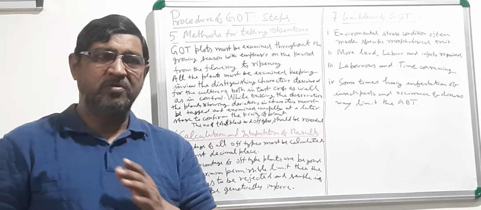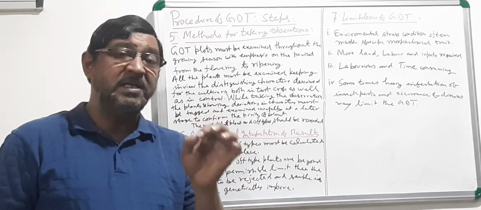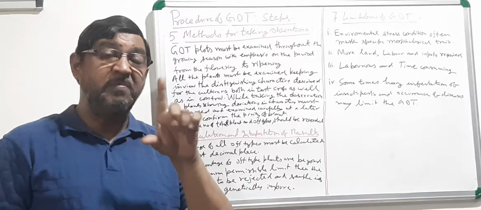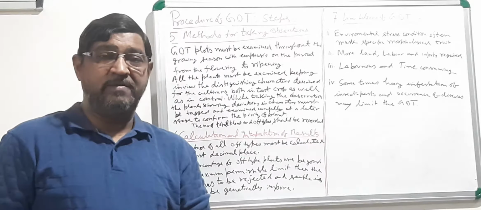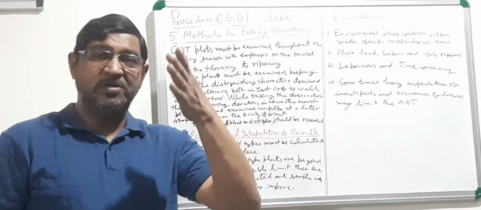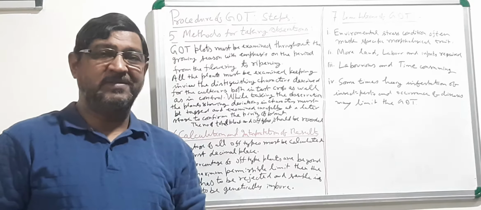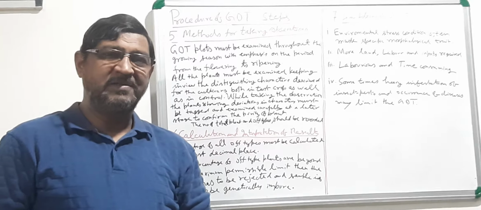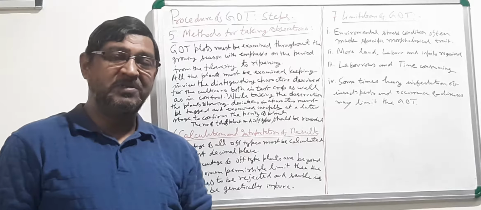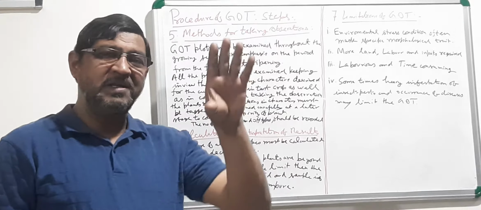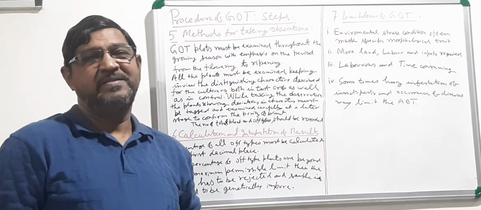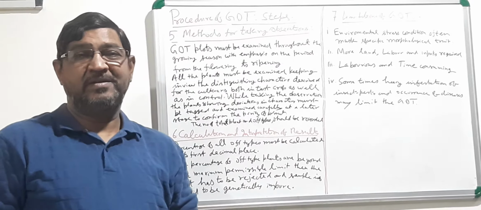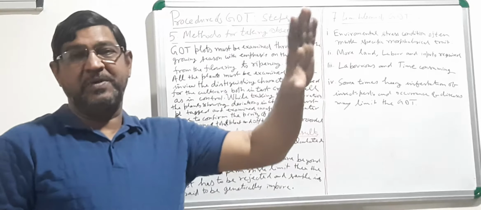So throughout the whole growing period, each and every plant, all 400 plants, you have to observe and examine very carefully as per the descriptors given in the DUS test report. Accordingly, you have to compare the characteristics throughout the growing season, with emphasis during flowering to ripening stage.